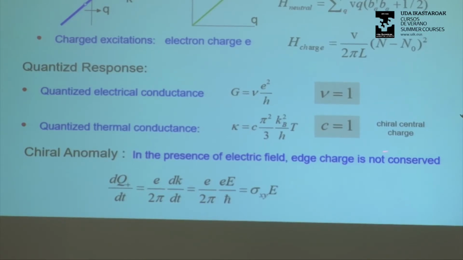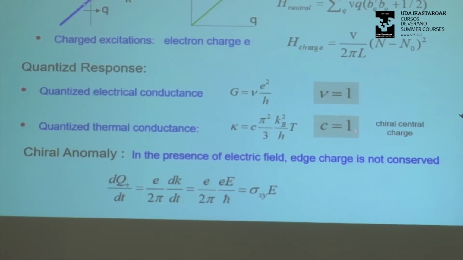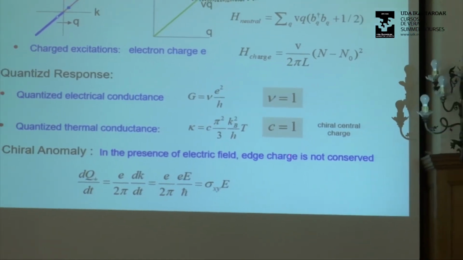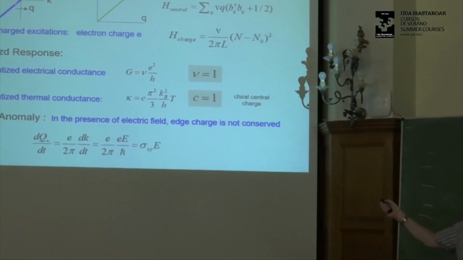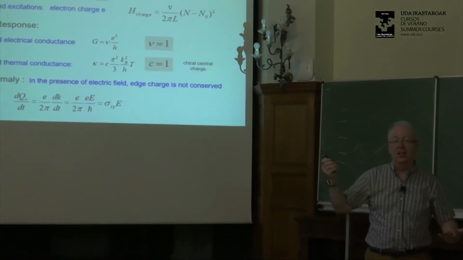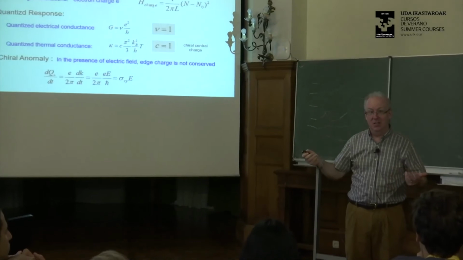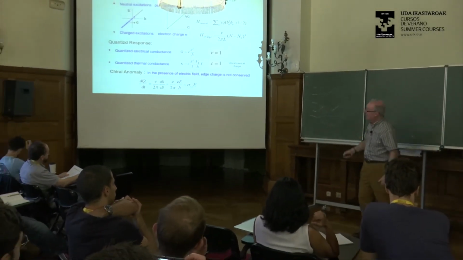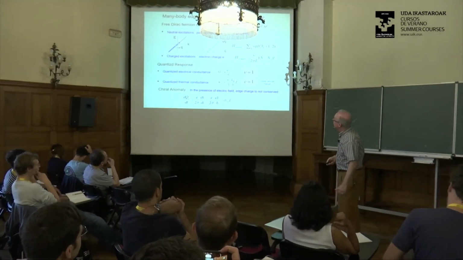It's called the chiral central charge. And so this c is in principle just as quantized a number as the integer in the Hall conductivity in the quantum Hall effect. And so that's that.